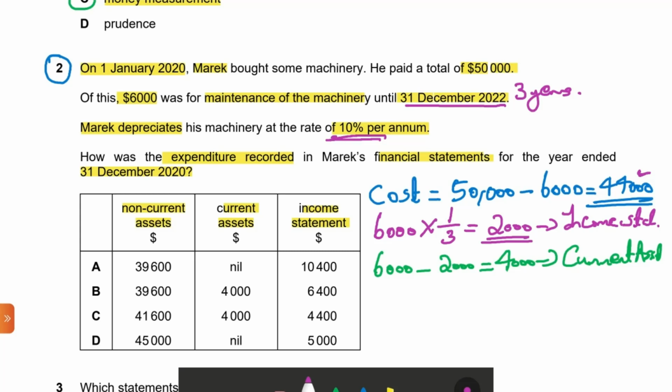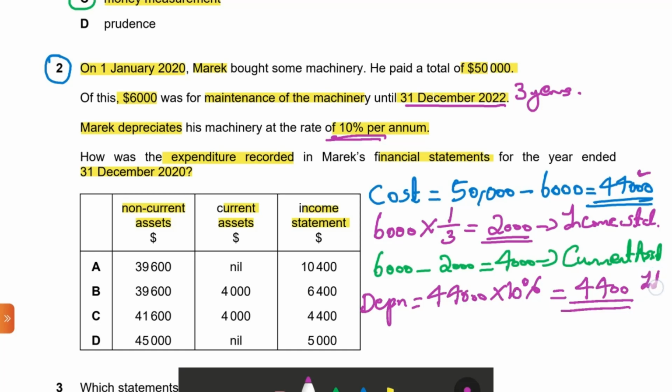So depreciation is 44,000 multiplied by 10%, which is equal to 4,400. Also we enter it in the income statement. Depreciation is a loss, so that also we enter in the income statement under the head of expense. So income statement and cost is available.